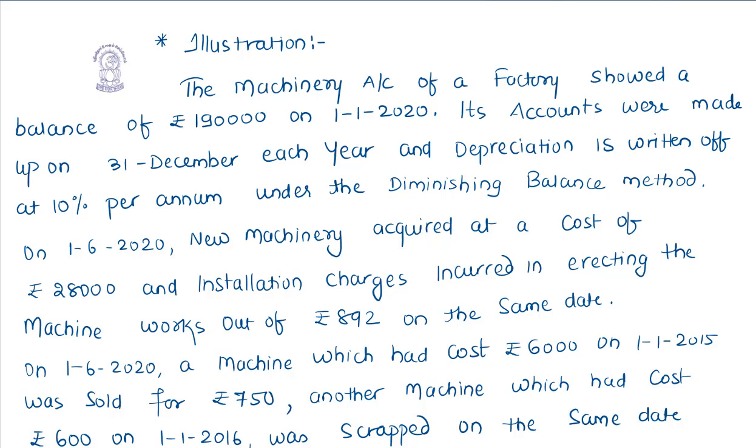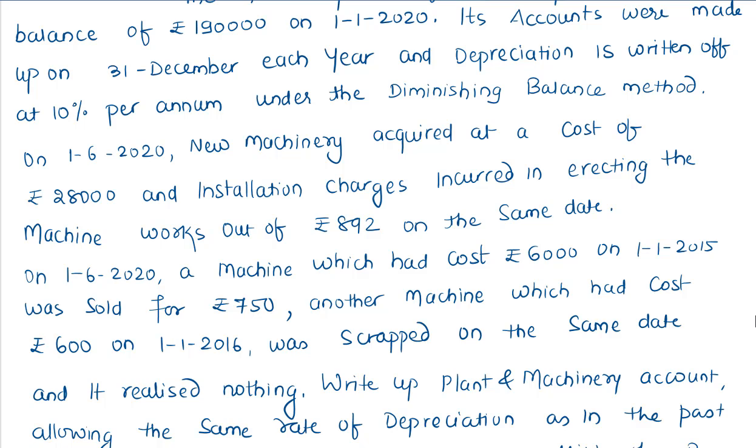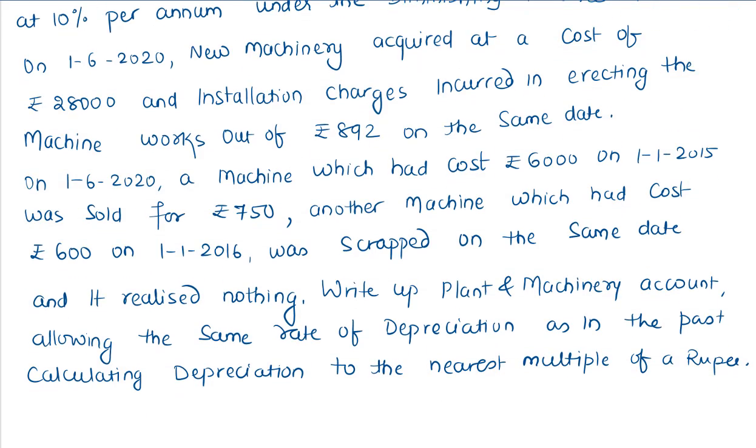On the same date, a machine which had cost 6,000 on 1st January 2015 was sold for rupee 750. Another machine which had cost rupees 600 on 1st of January 2016 was scrapped on the same date and realized nothing. Write up plant and machinery account, allowing the same rate of depreciation as in the past, calculating depreciation to the nearest multiple of rupee.